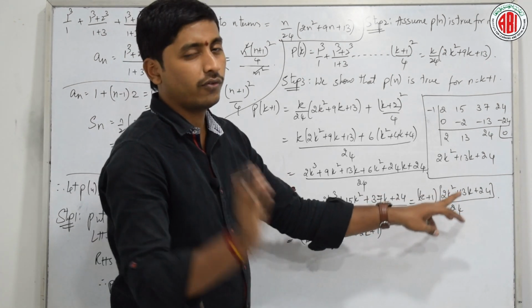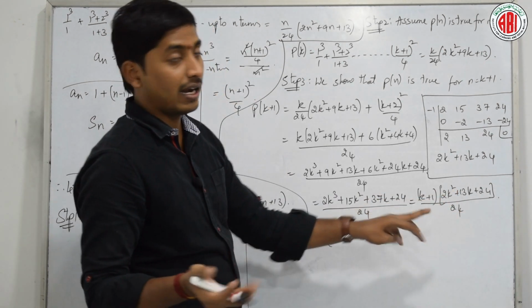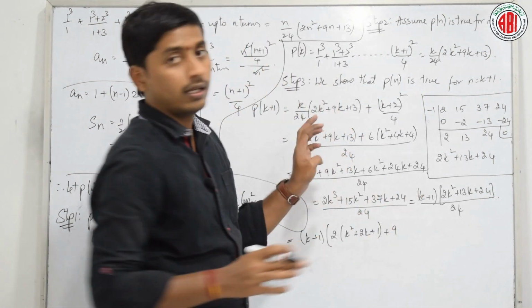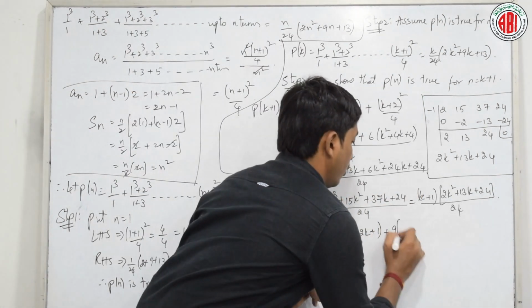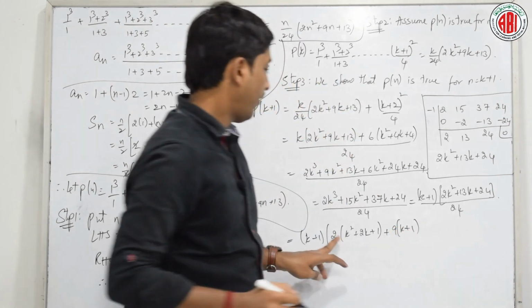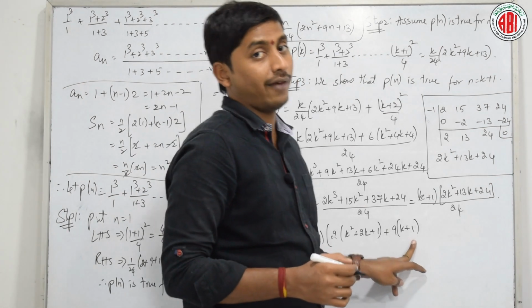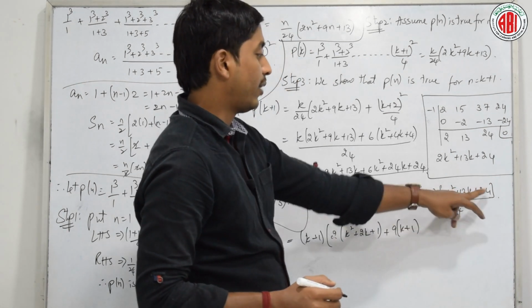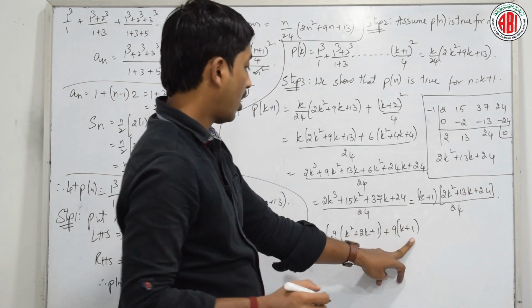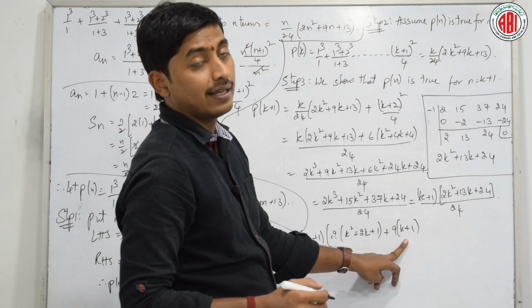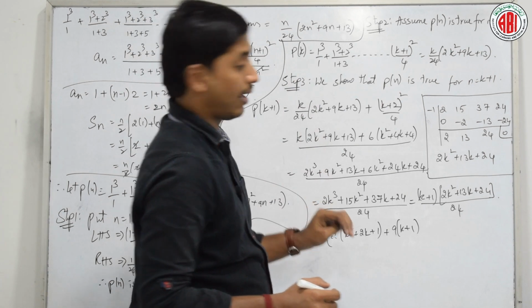Out of 13k, 4k is left. How many k's are left? 9k, right? Fine. 9 into k plus 1. If I take the constant, 2 ones are 2, 9 ones are 9, 9 plus 2 is 11. In 24, if I remove 11, I get 13. Yes, right?